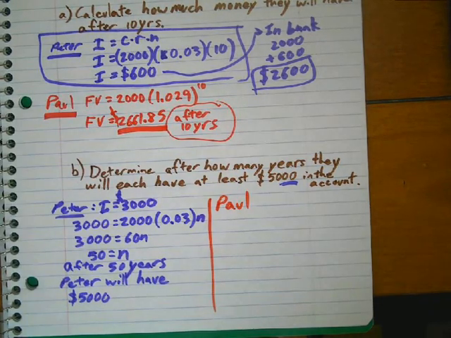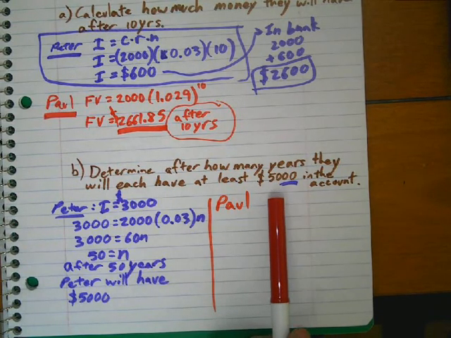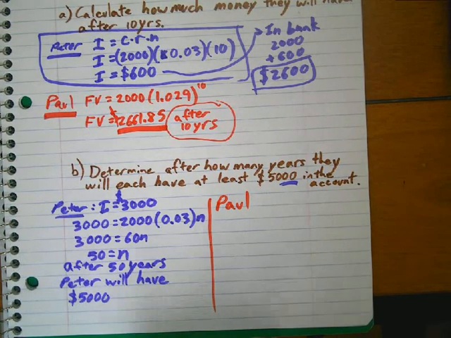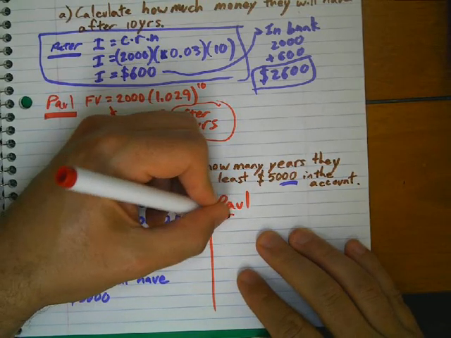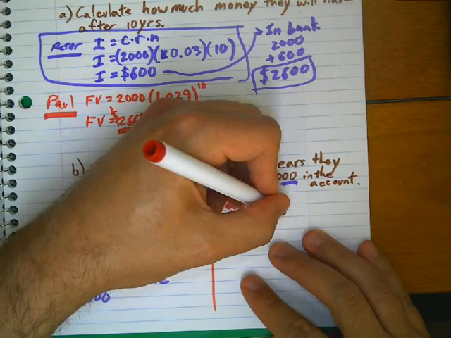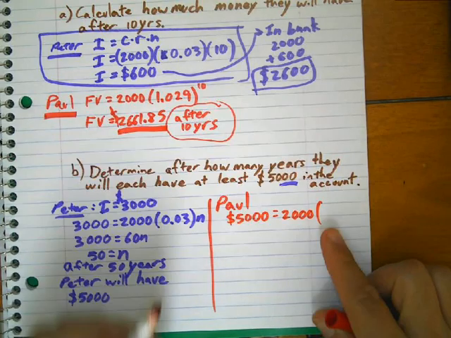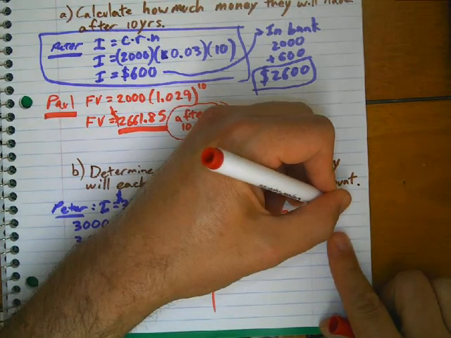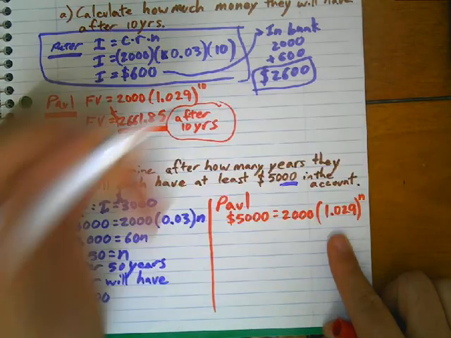Okay, for Paul, we want to find out when our final answer is 5,000. So basically what we do is our FV has to be 5,000, so we can say 5,000 equals 2,000, that's the amount we're investing, and our B value is 1.029, and that's to the power of n. We don't know what it's going to be.